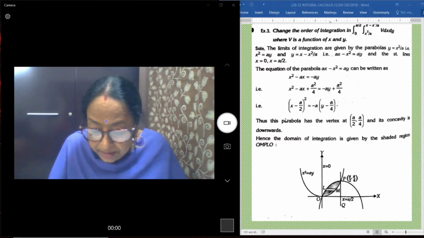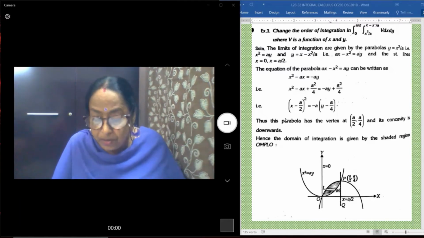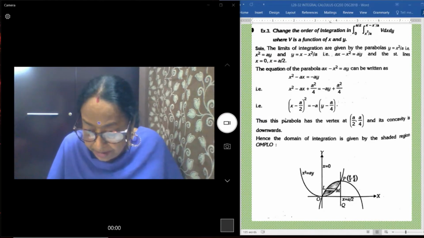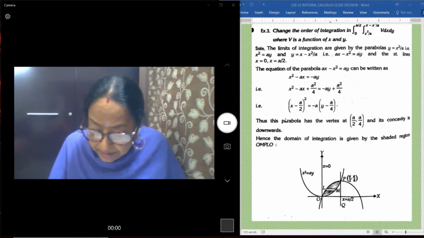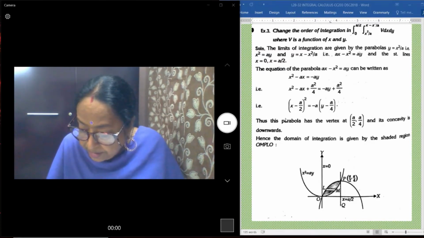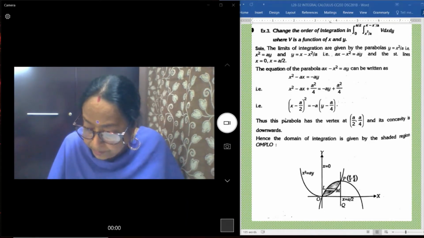And another is y is equal to x minus x square by a, which becomes ax minus x square is equal to ay, and x varies from 0 to a by 2.